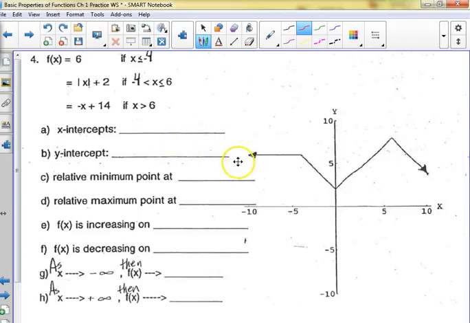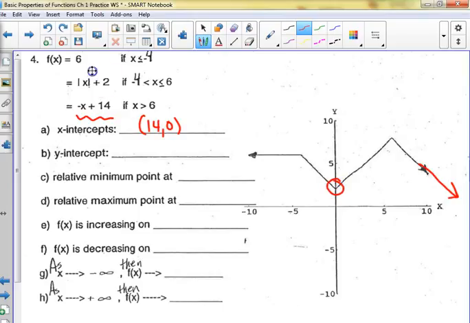Okay, on 4, does it have any x-intercepts? Actually, would it have an x-intercept? Eventually, it would hit 0. This last piece, I'm thinking, would hit 0 at 14. Yes? It's the last piece going to the right? Okay, I wouldn't ask you that if I didn't draw the whole picture. Y-intercept, can you tell?